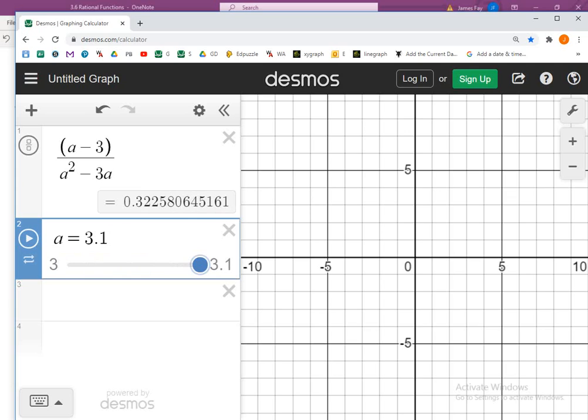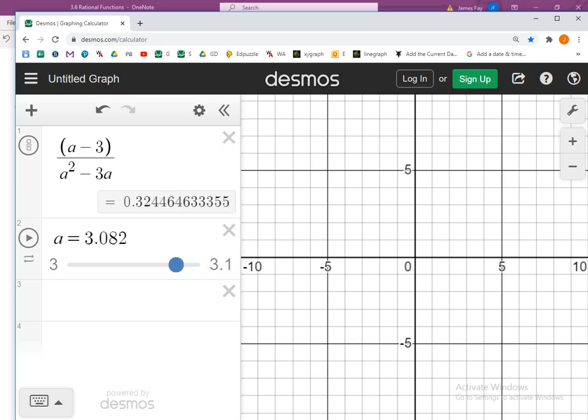But 3.1 is pretty far away from 3. If I start moving this down, closer and closer to 3, is this number getting closer and closer to negative infinity or positive infinity like it does during an asymptote?